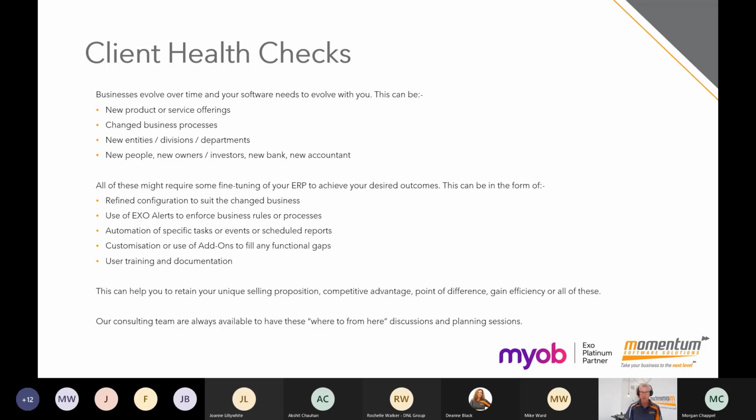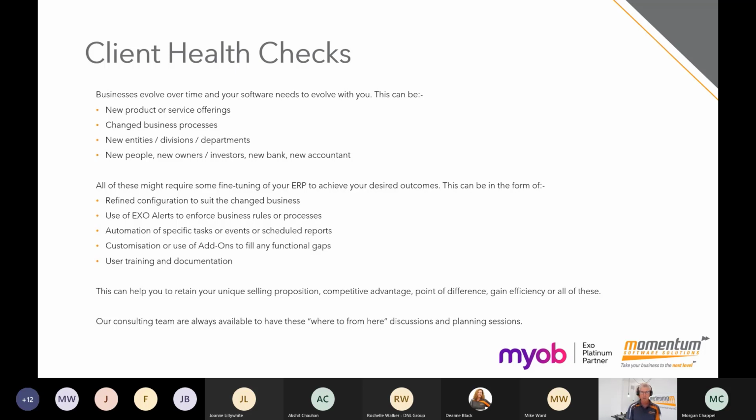And that comes in many forms. It can be refining the configuration to suit the changed business, whether that's creating new branches or cost centers, or changing security profiles, so different people have got different things defaulting for them in the correct way, or restricting information.